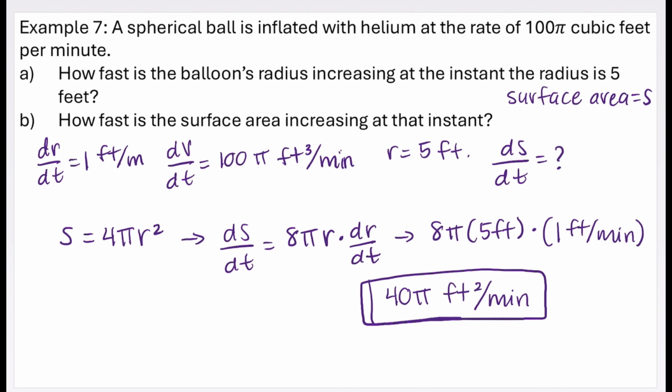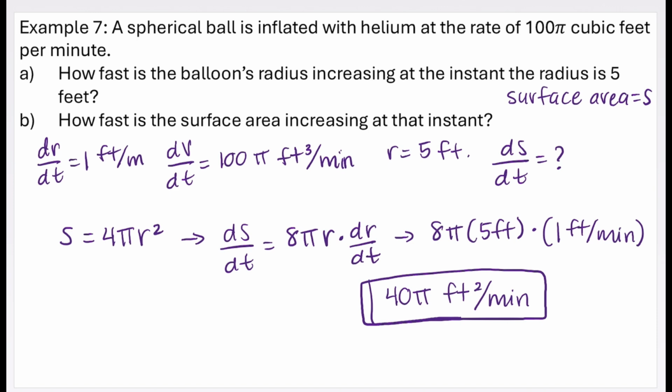So there's a lot of applications of this and how fast you can fill it up. If you fill it up too fast, it might pop. Maybe you need to fill it up a little bit slower because it can stretch, but it can't change that fast. So that's something to think about when you think about the applications of these problems.